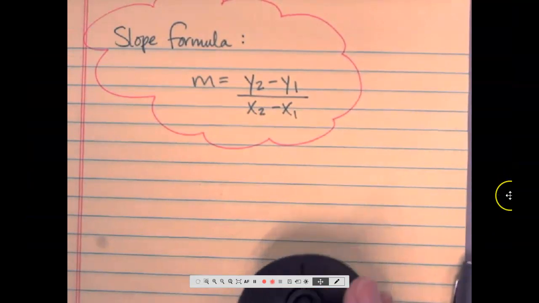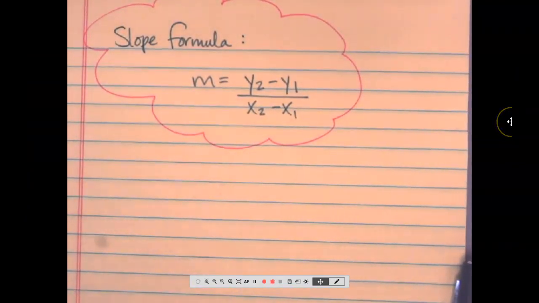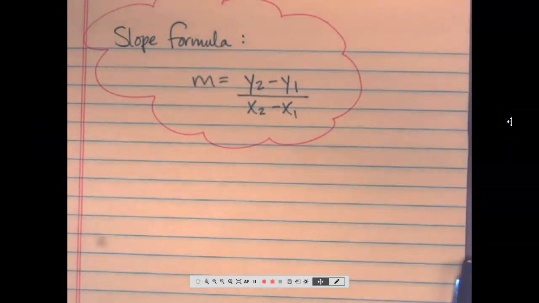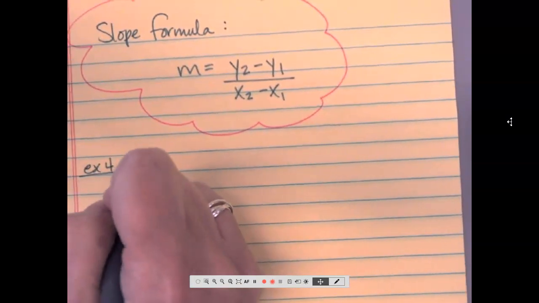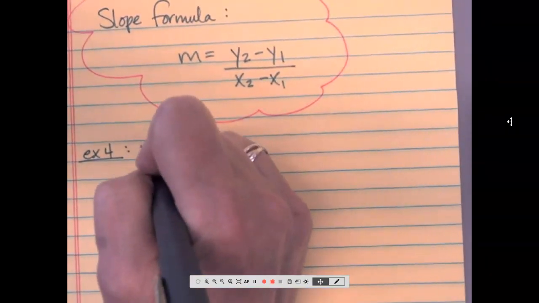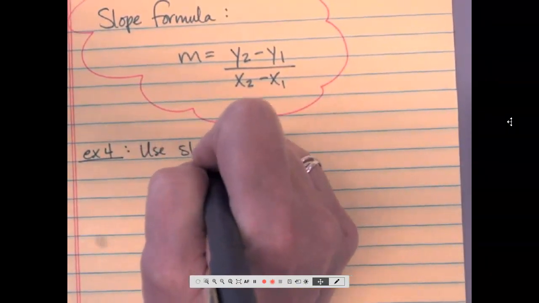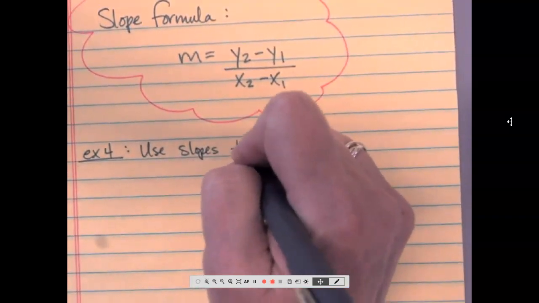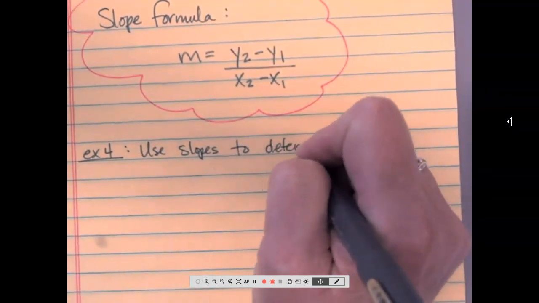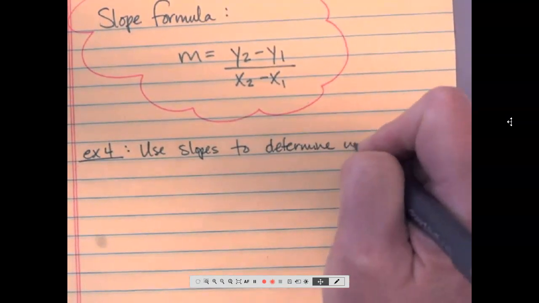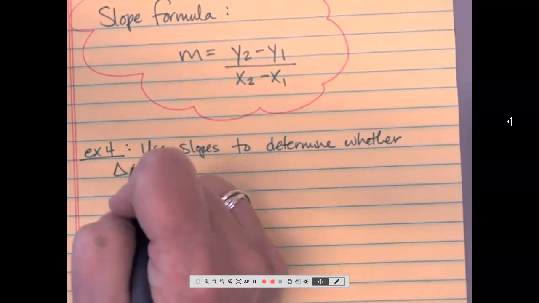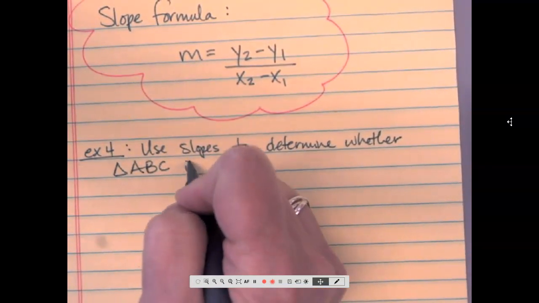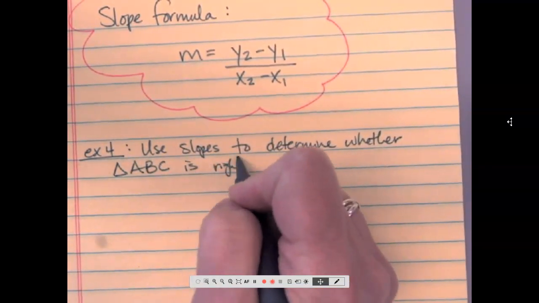Okay, so one last example here. All right, so we're going to use our slope formula for this last one. And we're going to use slopes to determine whether triangle ABC is right.